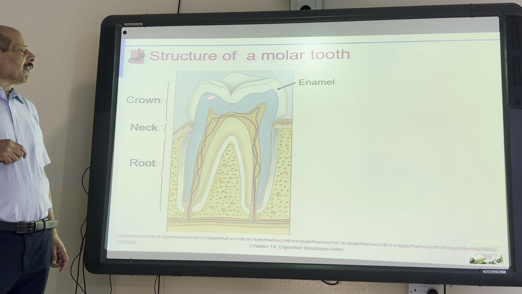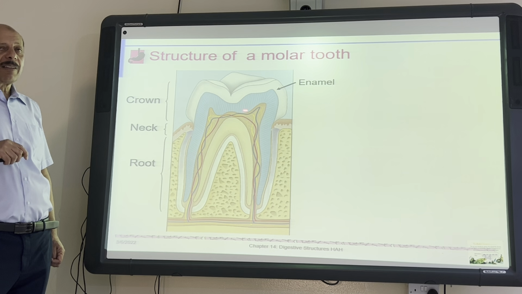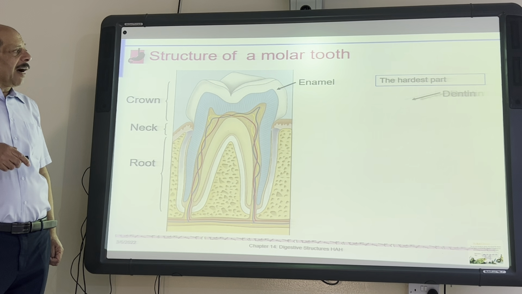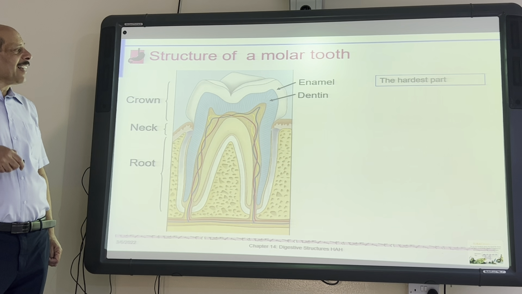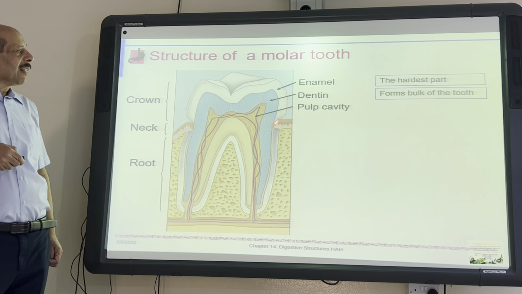This is the enamel of the crown, which is the strongest part of the teeth, the hardest part. This is the dentine, we call it. The dentine underneath it forms the bulk of the tooth, most of the tooth is from dentine. And this is the pulp cavity.